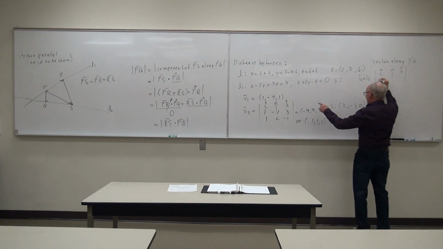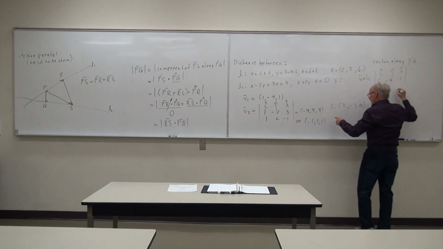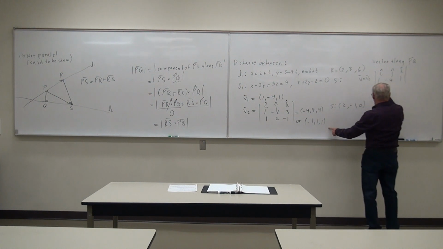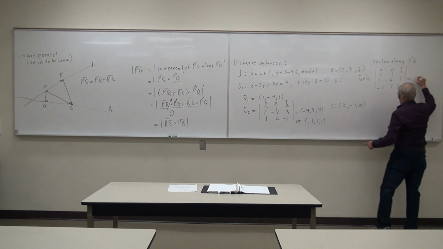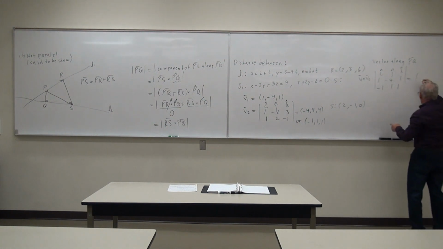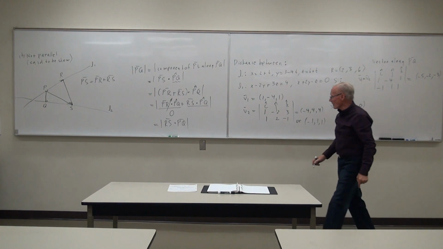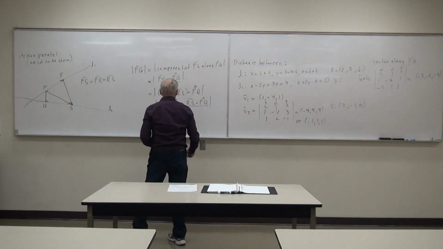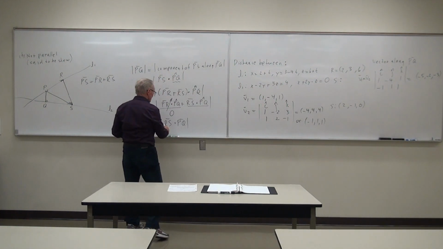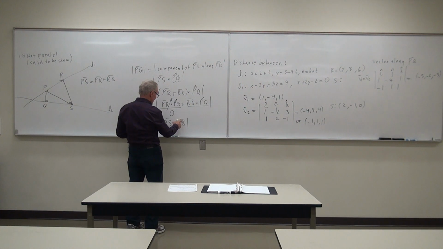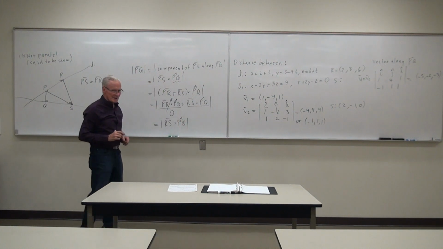V1 is 1, negative 4, 1, and then minus 1, 1, and 1. Getting therefore minus 5, minus 2, minus 3. Well, looking back at this now, see that little slip there? That guy is supposed to be a hat. I just happened to notice that now.